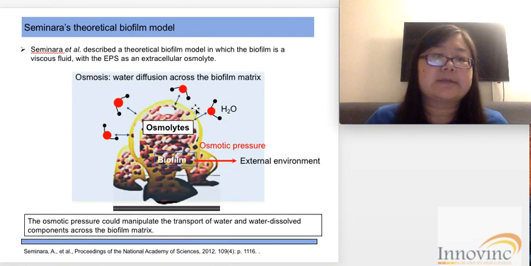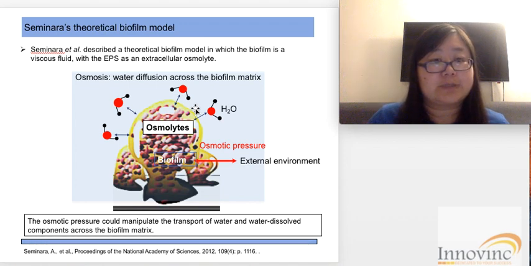So previous biofilm researchers described a biofilm model. In the model, the biofilm is a viscous fluid, and the locally high concentration of molecules like cells, proteins, byproducts, biomass and EPS creates an osmotic pressure differential between the biofilm and the external environment.